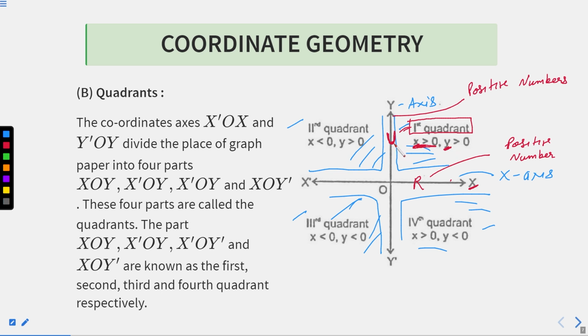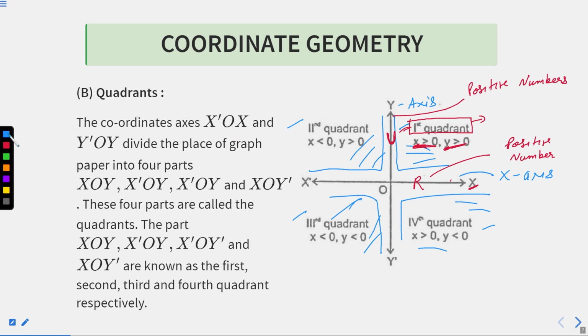We are standing in the region where the points are on the right side and the upside of the plane. So in the first quadrant, x and y both are positive.